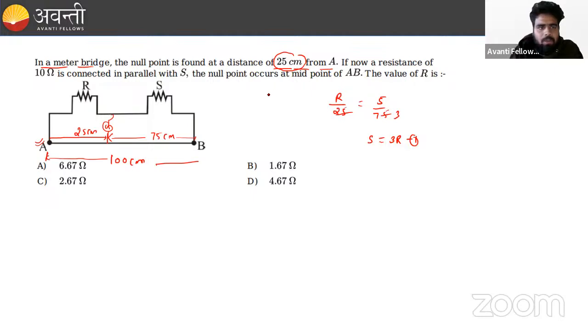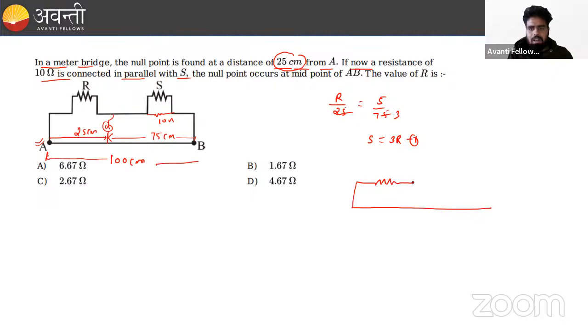Let's read the problem again. If a resistance of 10 ohm is connected in parallel with S, again 10 ohm is connected in parallel to S. So in this condition, if you want to draw the circuit diagram, this is our resistance R. And what is the net resistance of this section?